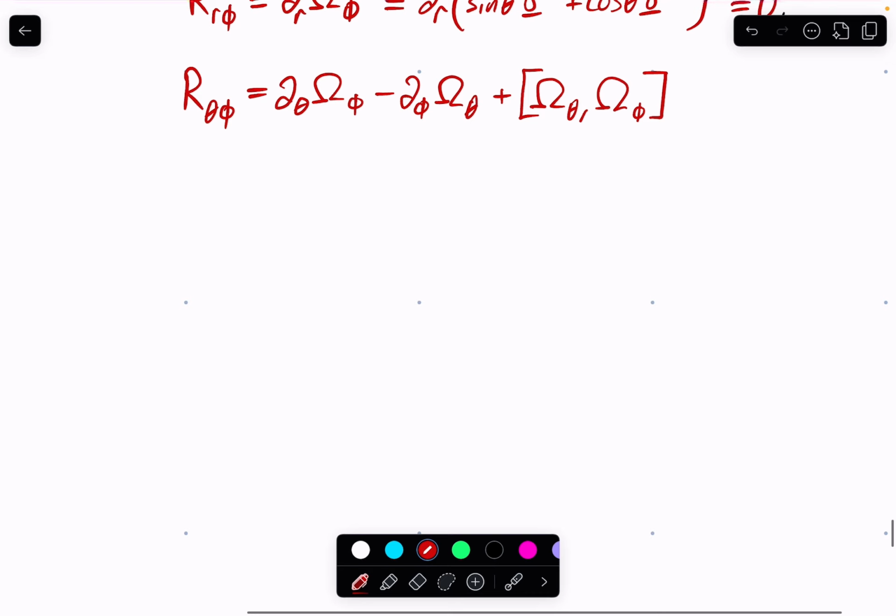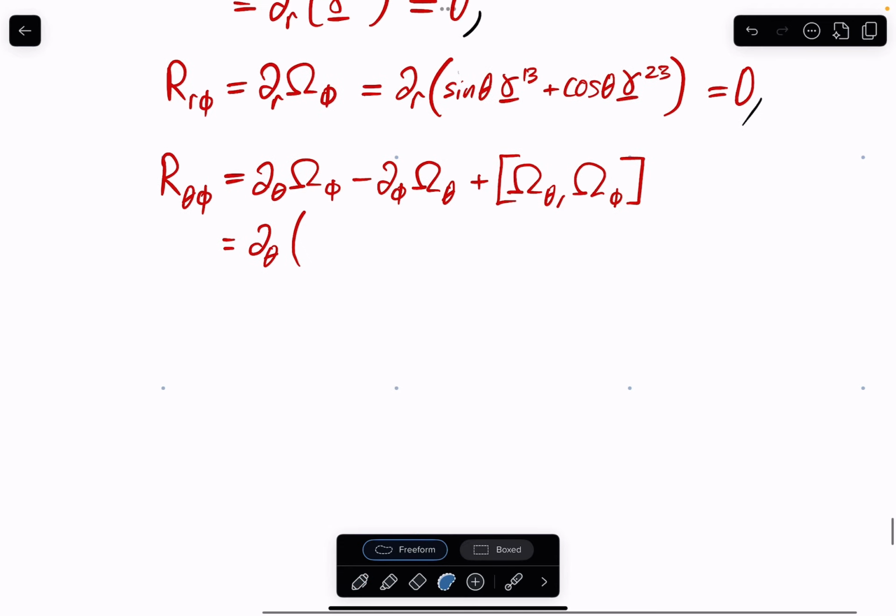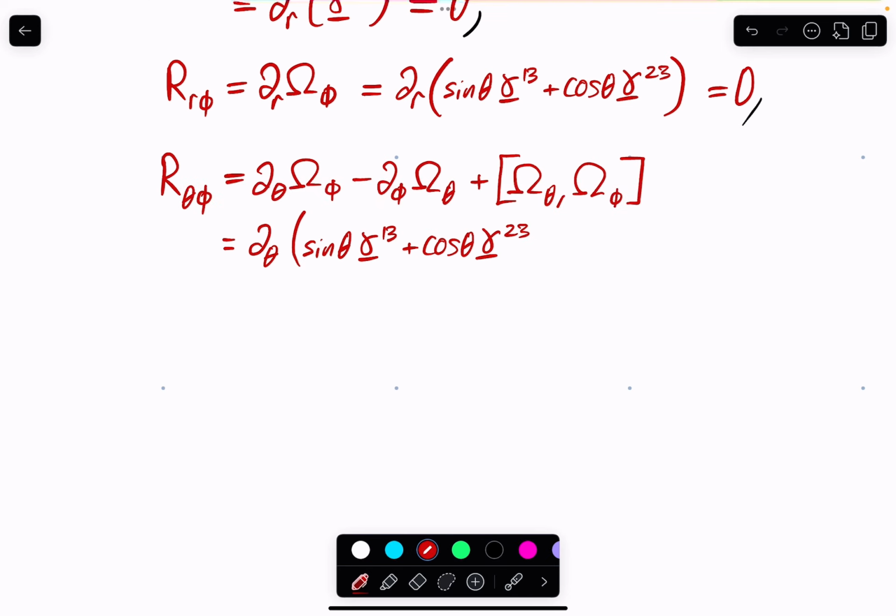Like so. Then we get d theta of this, then minus d phi of, or actually, wait, hang on. This term does vanish because this doesn't depend on phi at all. So this goes to 0.